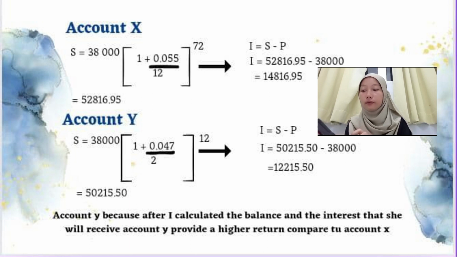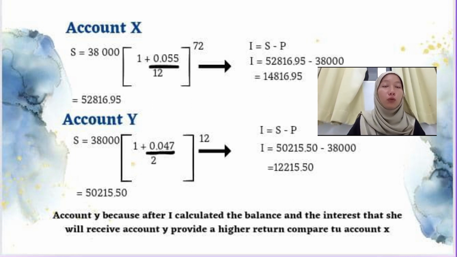And then after you equal, you have to multiply by 38,000. After you multiply by 38,000, you will get 52816.95. Sorry, I repeat, you will get 52816.95.